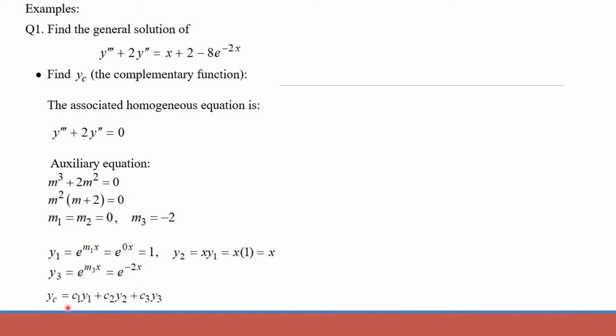So now we can form the yc, which is given by c1y1 plus c2y2 plus c3y3. Now remember, this yc is the complementary function, or the general solution for this associated homogeneous equation. So yc is c1 times y1, so y1 is 1, plus c2y2 plus c3y3. Okay, so this is the yc.